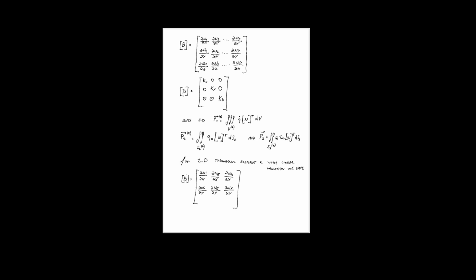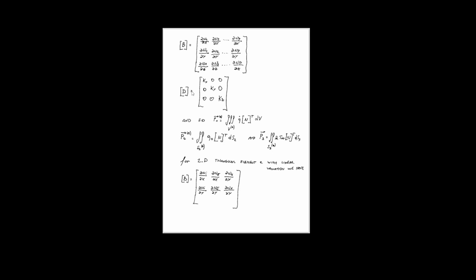Now, the matrix B is the matrix we obtain by differentiating N1, N2 and Np with respect to x, N1, N2 and Np with respect to y, and N1, N2 and Np with respect to zeta. And D is this matrix.